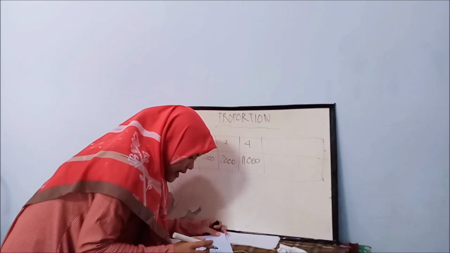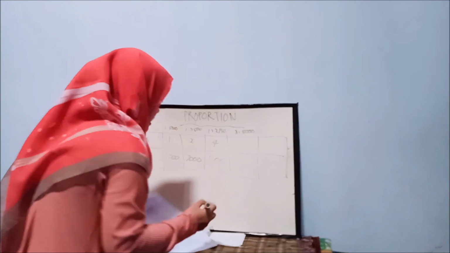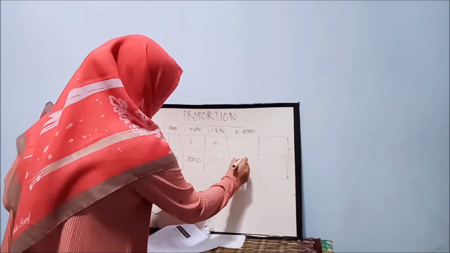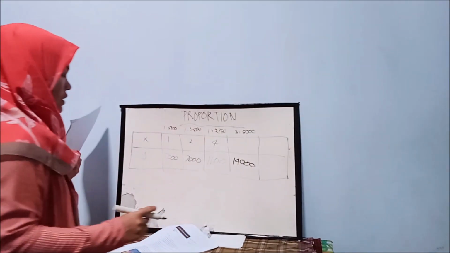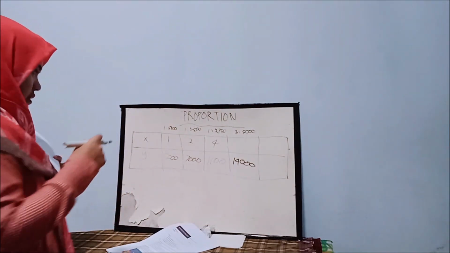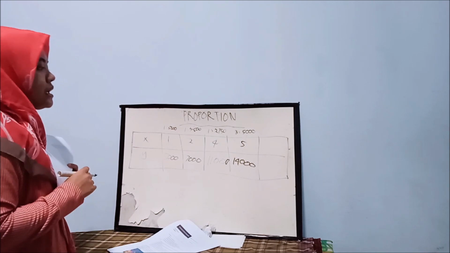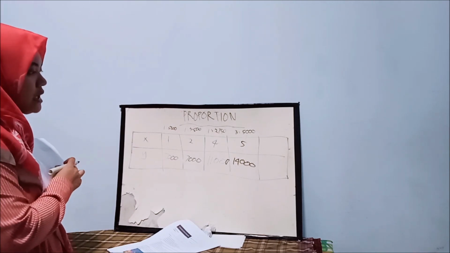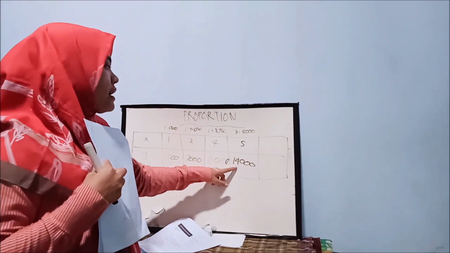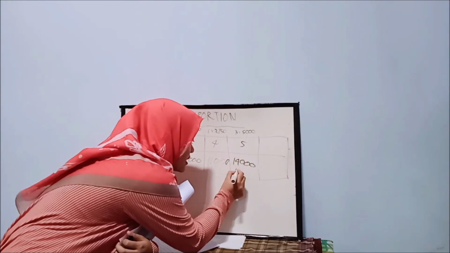And the next, in the column we have 14,000. So the tickets that Andy can buy is equal to 5, because the money that Andy has has a remainder of 1,000.